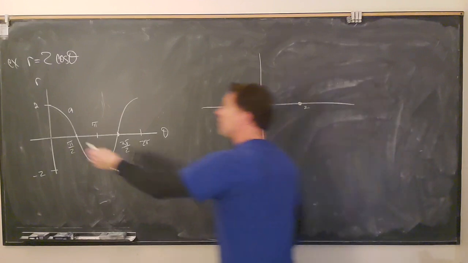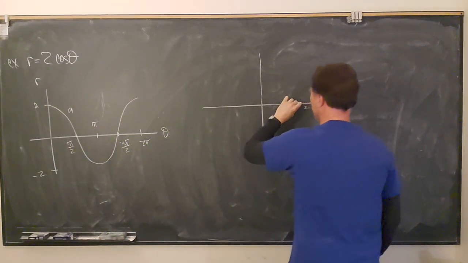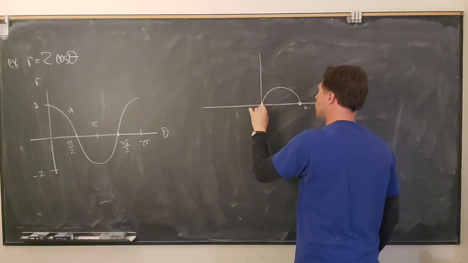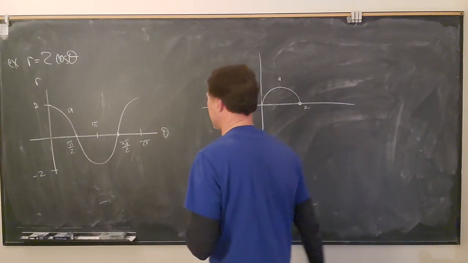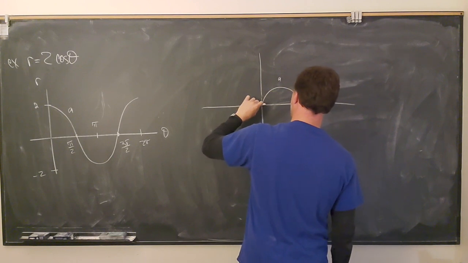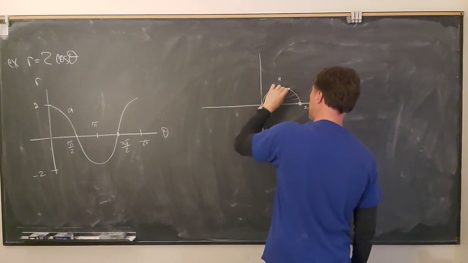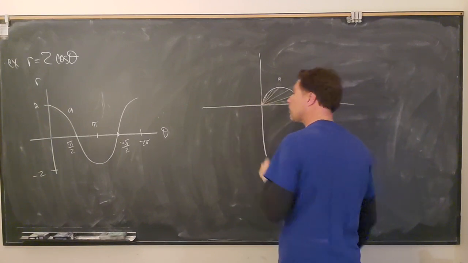So what do we have? The radius is decreasing as we go. Let me just talk about what's happening here. As my angle increases, think about these little line segments right here. The radius is decreasing, right?